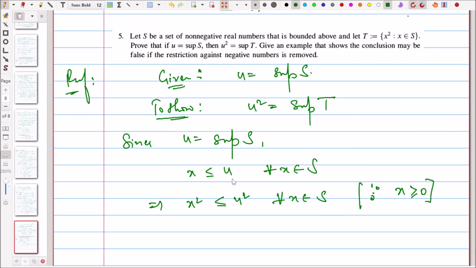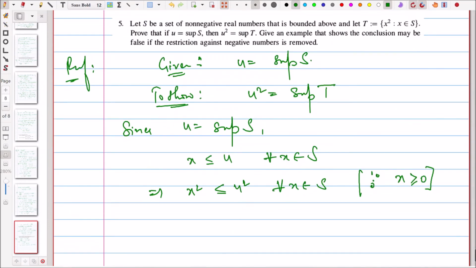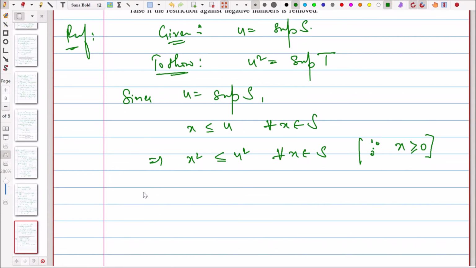If we have two positive numbers and we take their squares, the inequality will be preserved. If one of them was negative, then this inequality may fail to hold. So this implies U square is an upper bound of T.